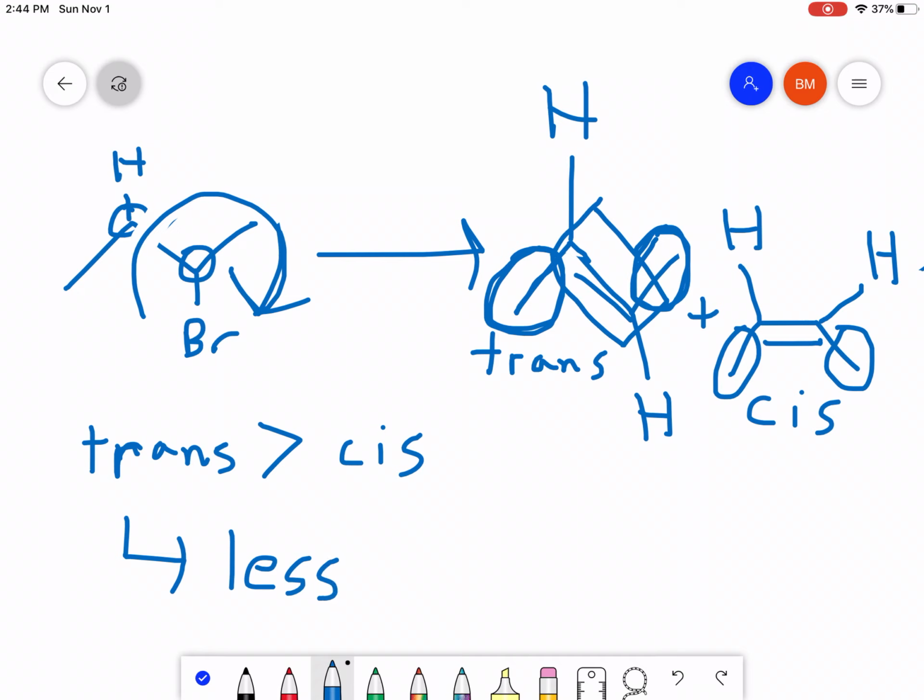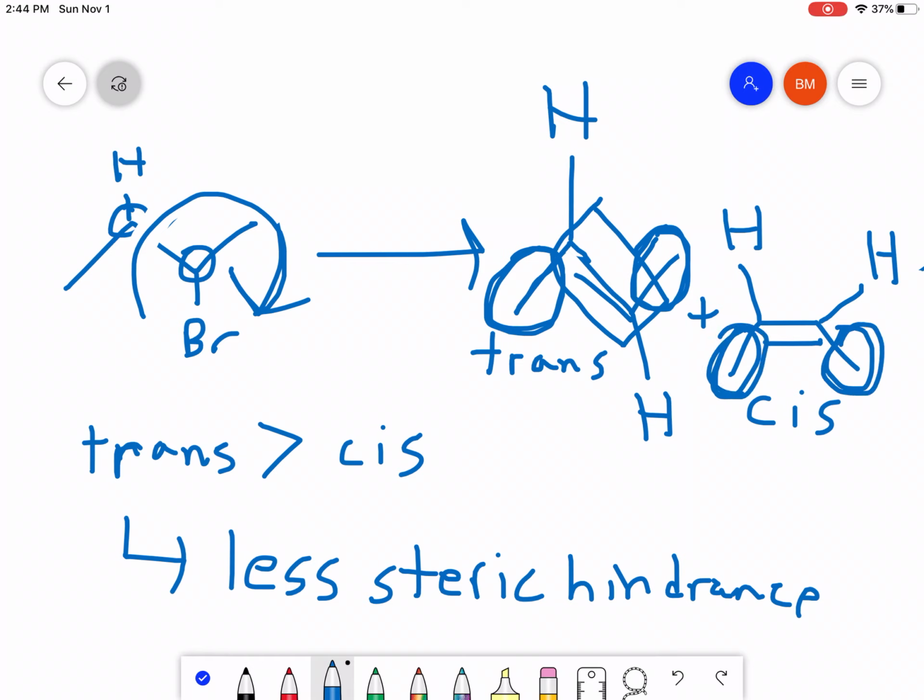When in doubt, say steric hindrance. These two methyl groups, these two R groups, are closer to each other in the cis arrangement, so there's more crowding between them. Whereas when they're in trans, they're further away from each other.